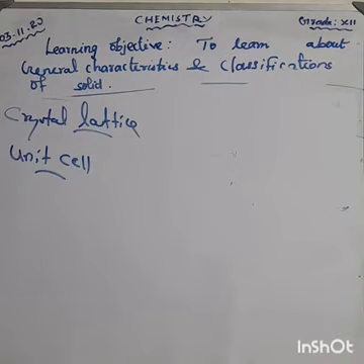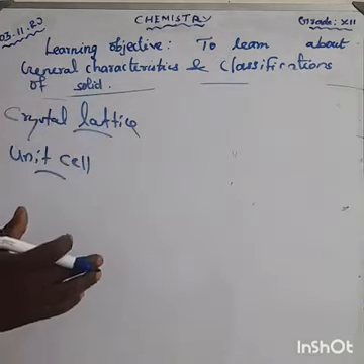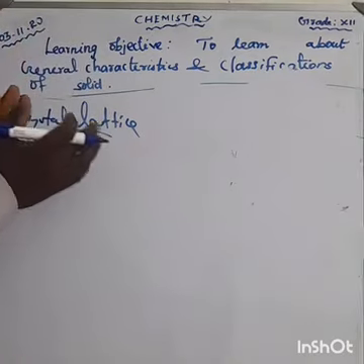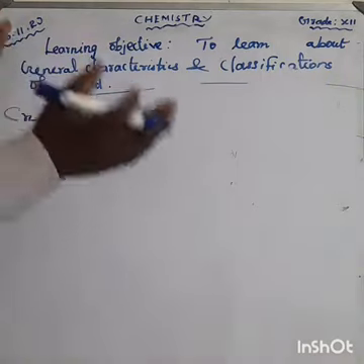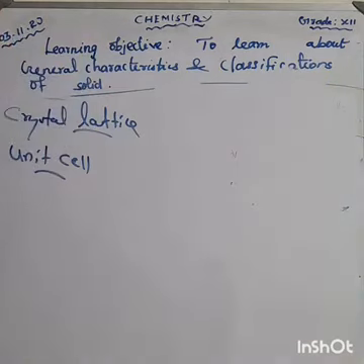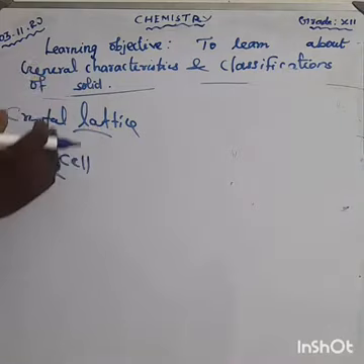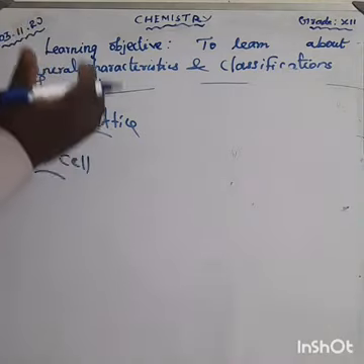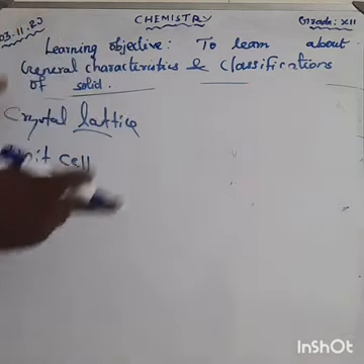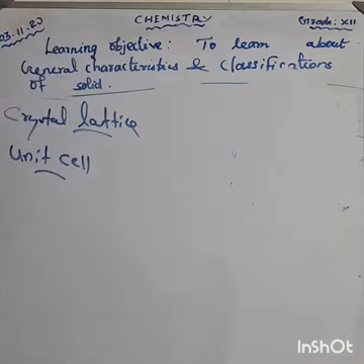The atoms or ions or molecules are related to one another in a 3-dimensional pattern. The regular arrangement of these species throughout the crystal is called crystal lattice.